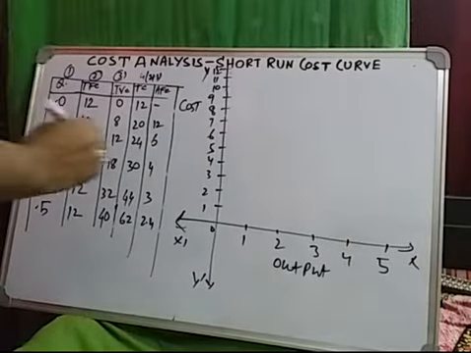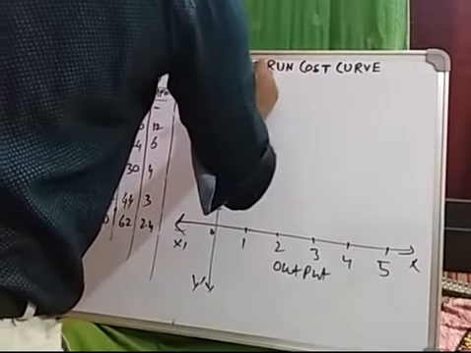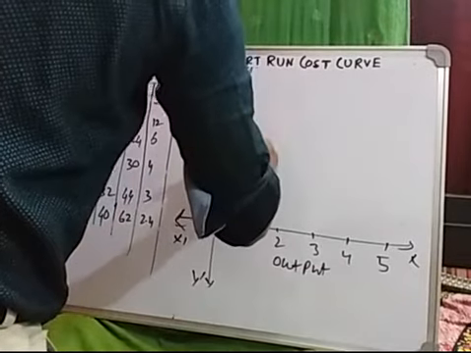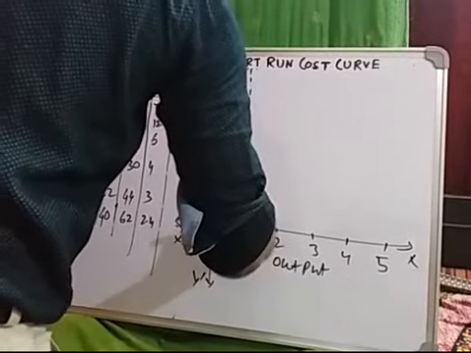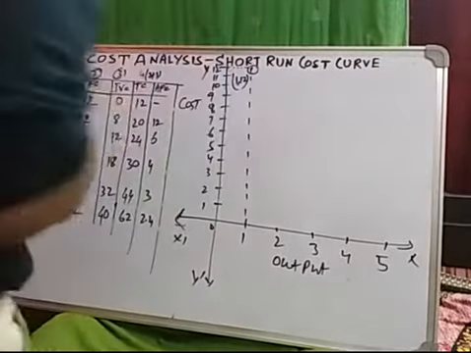So now 1, 12. So this is the 1, 12 point, the 1, 12 coordinate.